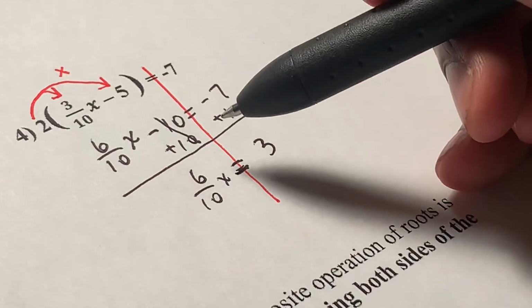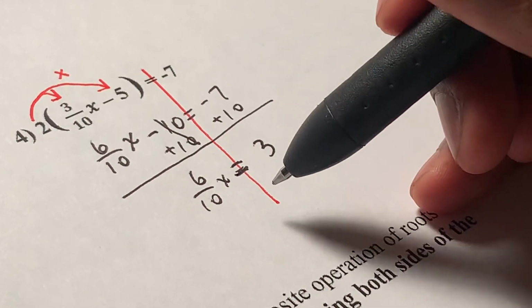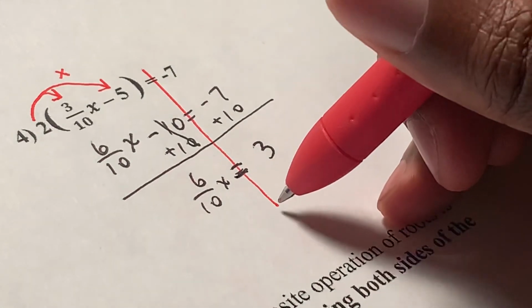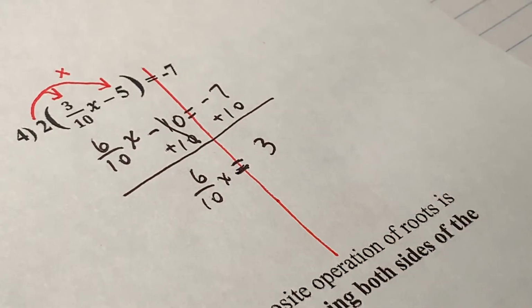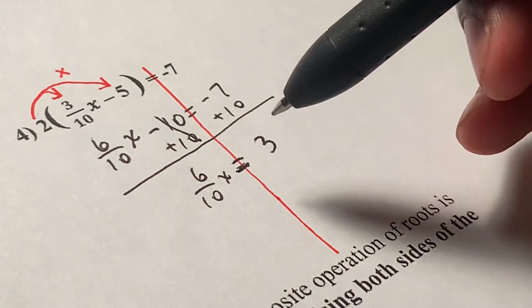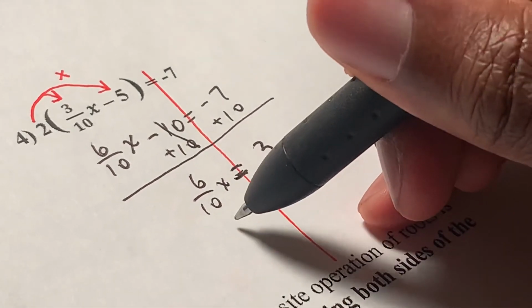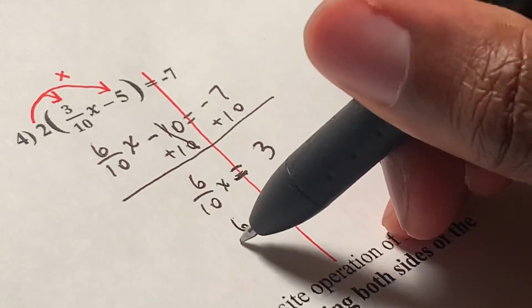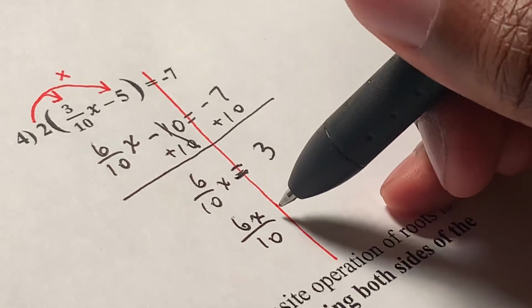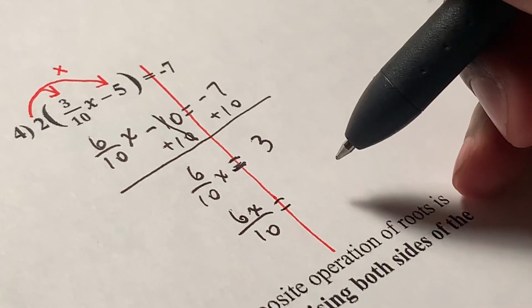So what we're going to do is we are going to rewrite this. Let me extend my line. We're going to rewrite this problem at this point as 6x over 10. Remember I said we can take that x and move it to the top, never the bottom, equals, and make 3 into a fraction. How do I do that?